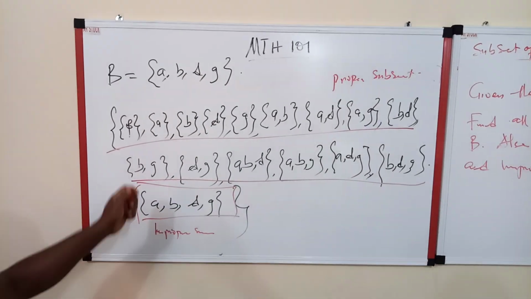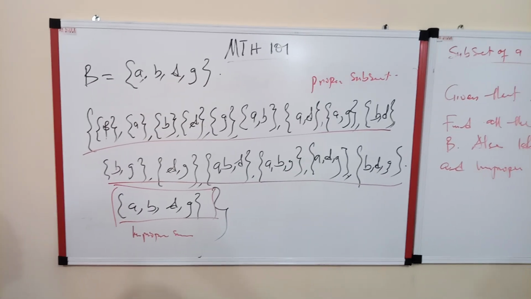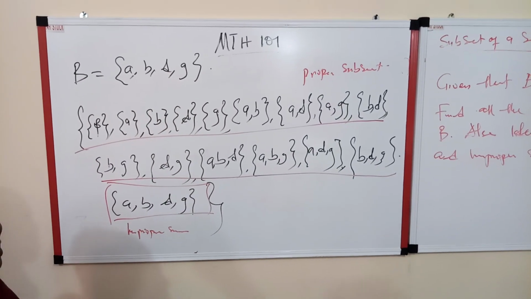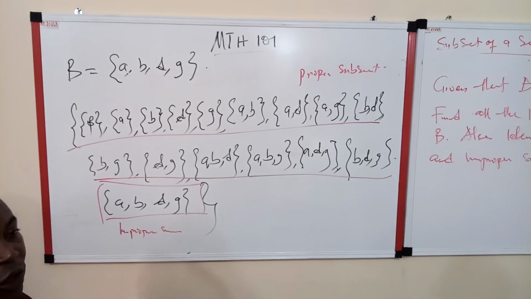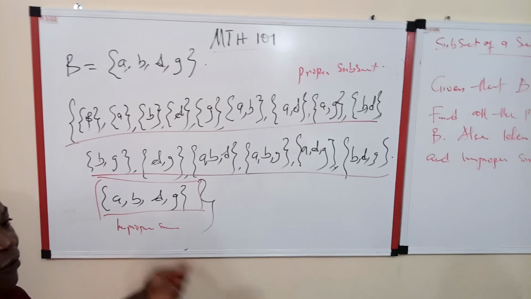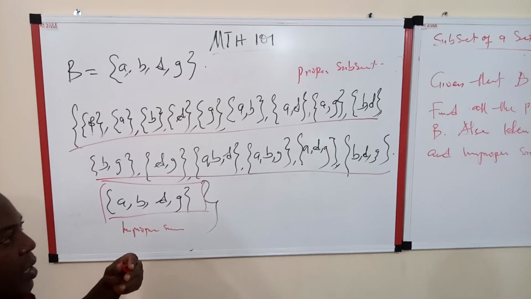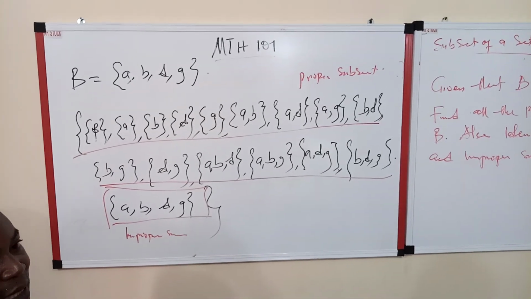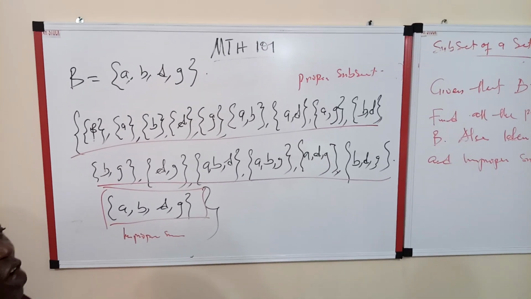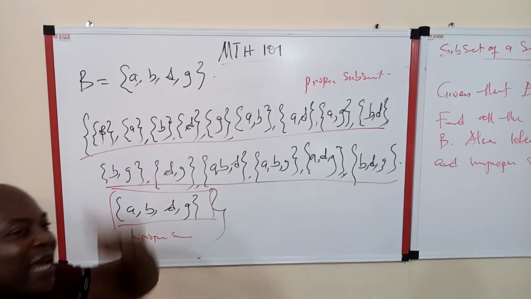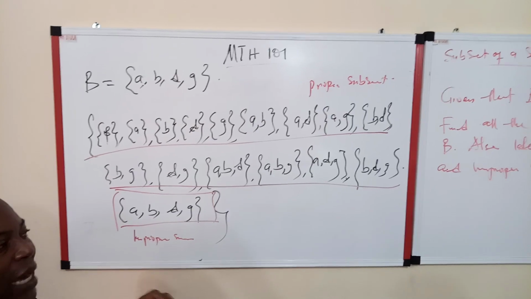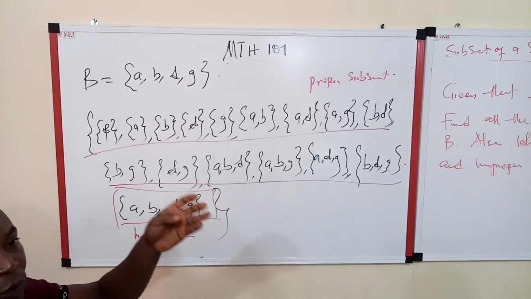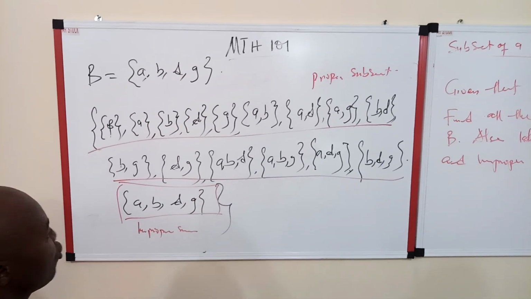So, conclusively, we are saying that for a set to be a proper subset of the other, all the elements in the subset must be contained in the bigger set, and there must be some elements in the bigger set that will not be in the smaller.